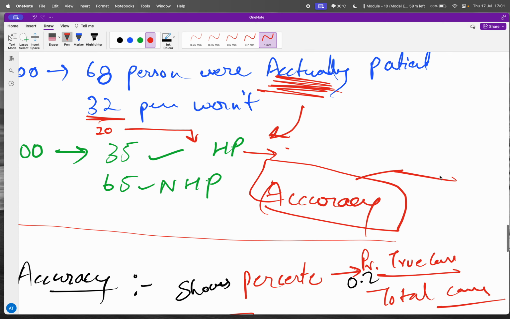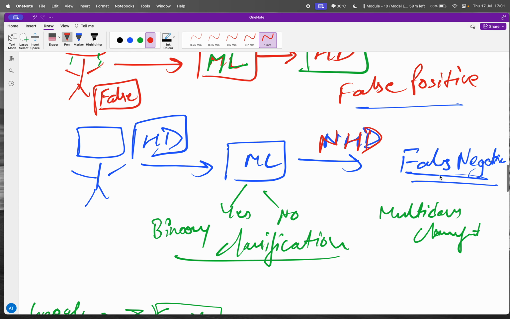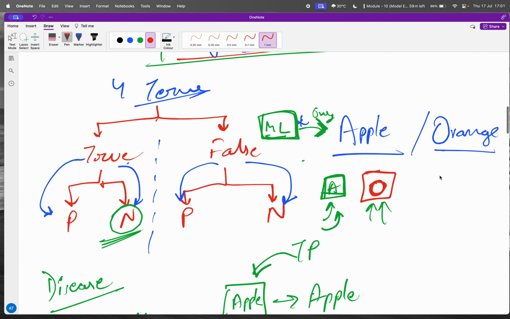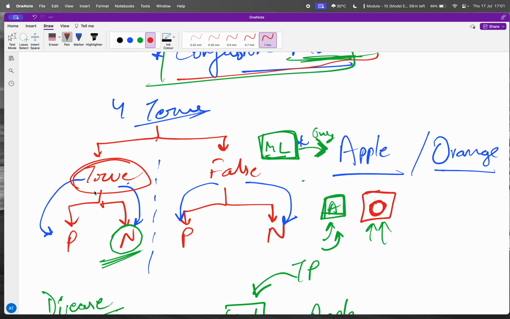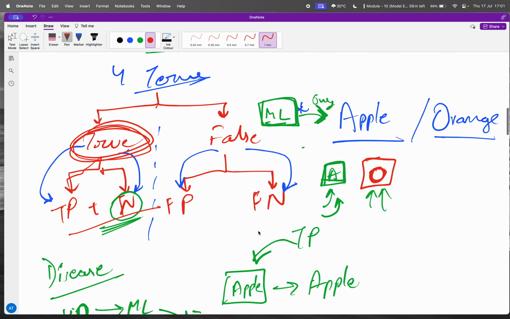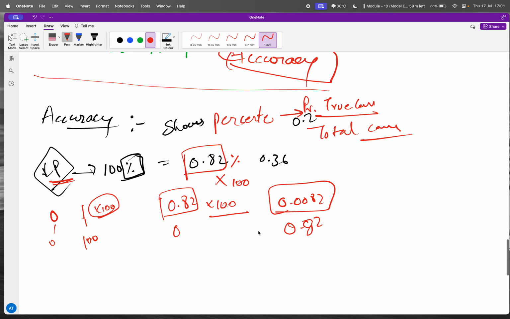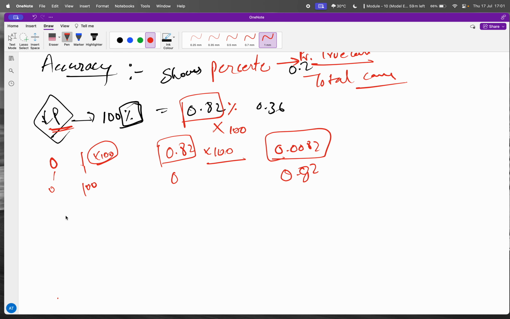You can write it like this also. True cases means both of these. I told you it divides into two parts: true cases are positive and negative. So the formula is true positive plus true negative divided by true positive plus true negative plus false positive plus false negative.